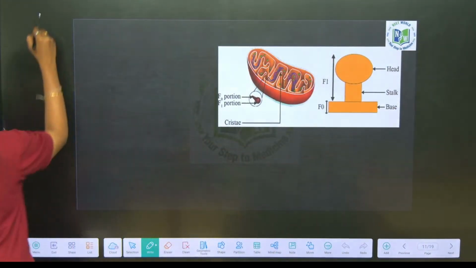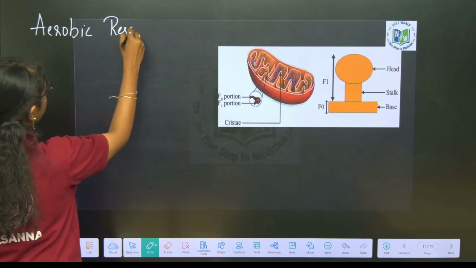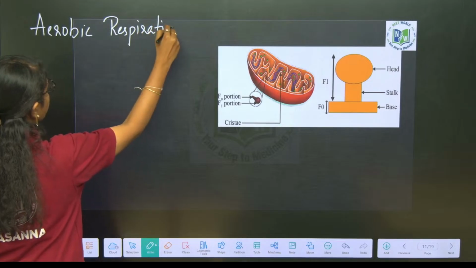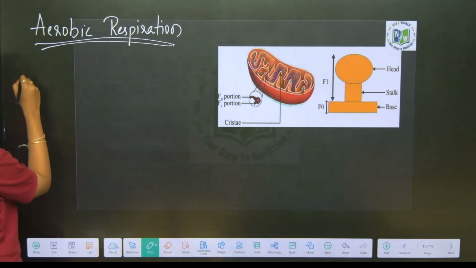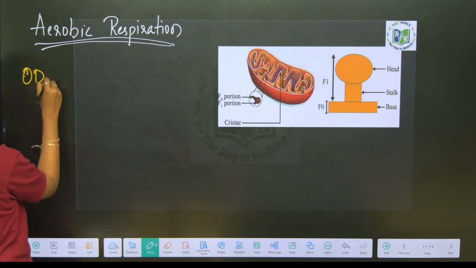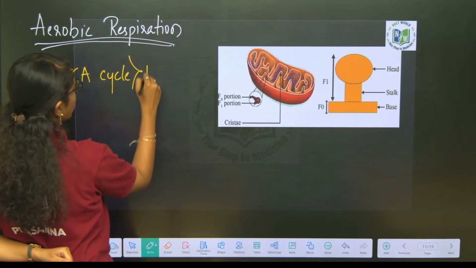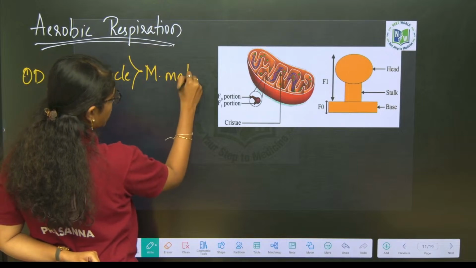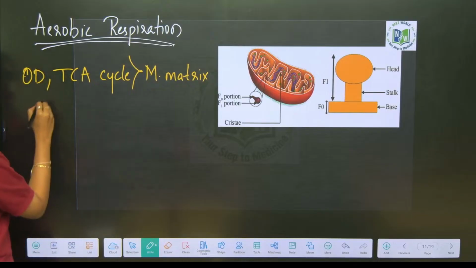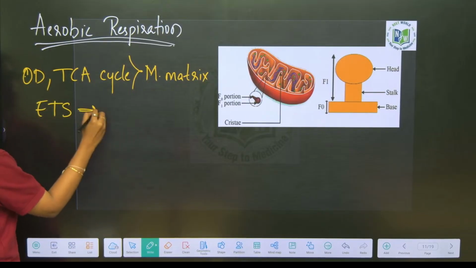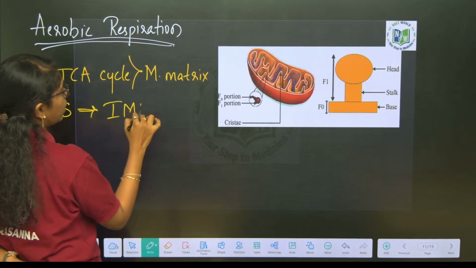In aerobic respiration, first thing is what? Both oxidative decarboxylation and TCA cycle are being operated where? In mitochondrial matrix. And then electron transport system, the last step of aerobic respiration, is being operated in inner mitochondrial membrane.